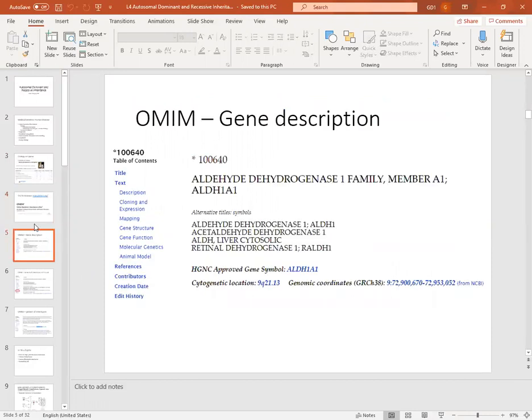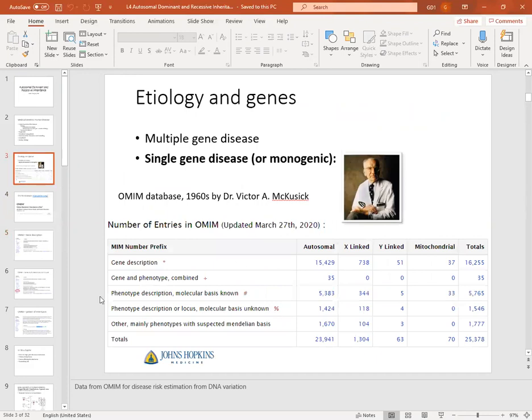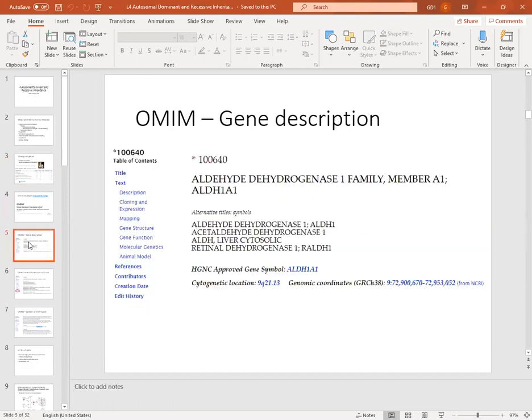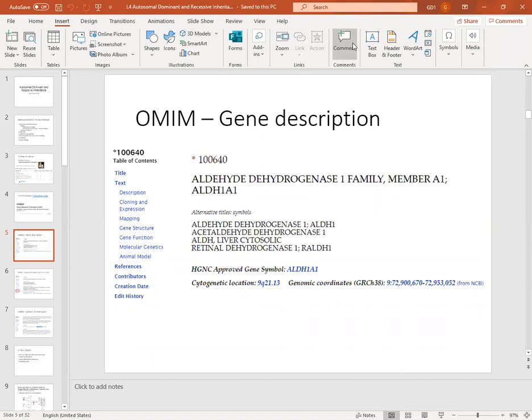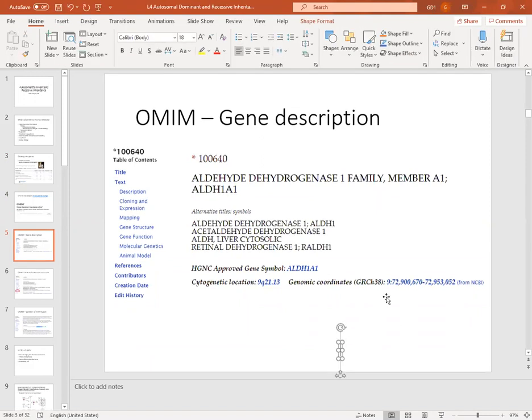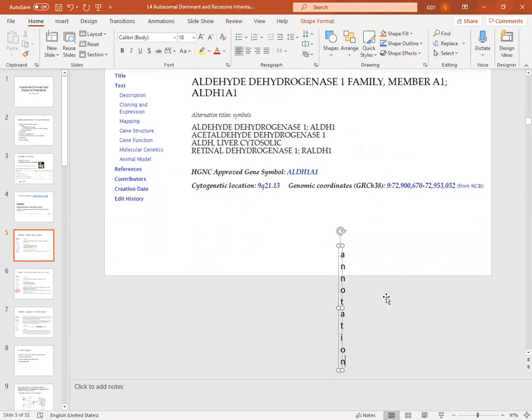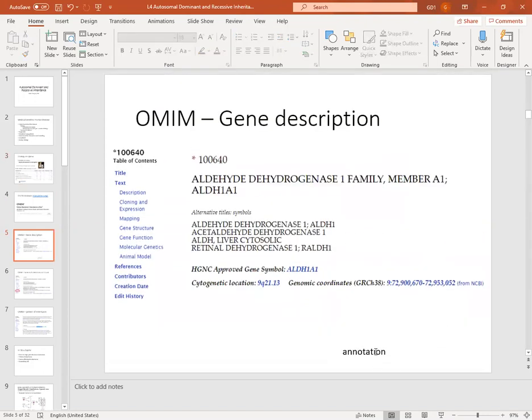At first I explored the gene description. From the Human Genome Project, we know the human genome sequence, but annotation, that's what we call it.